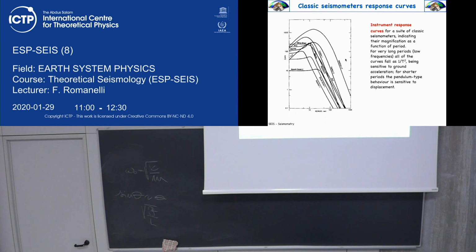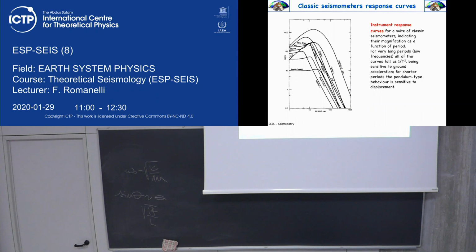So, summary at this point. We have a set of beautiful mechanical inertial instruments that are able to feel and record on paper or on photographic paper, or in some cases to something that is measuring a delta V, the motion of the ground. Problem: they are beautiful, but you have peaks, and you have to use many instruments.